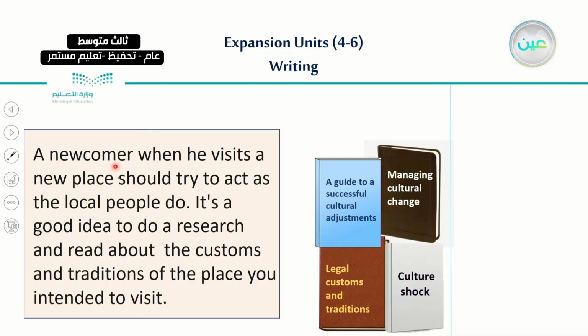A newcomer, when he visits a new place, should try to act as the local people do. It is a good idea to do research and read about the customs and traditions of the place you intend to visit.